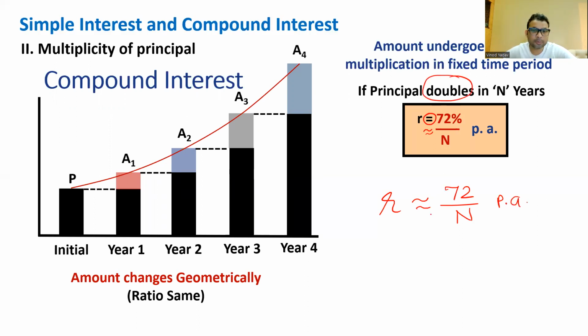Suppose your money doubles in 8 years. So rate of interest will be roughly 72 by 8, that is around 9%. Closest we can go is 9%. Actual answer will be slightly above 9%. But this logic is for doubling. That is the Rule of 72, what they call it in the world of finance. You must have heard it. Got it? Please note these things down. All right.